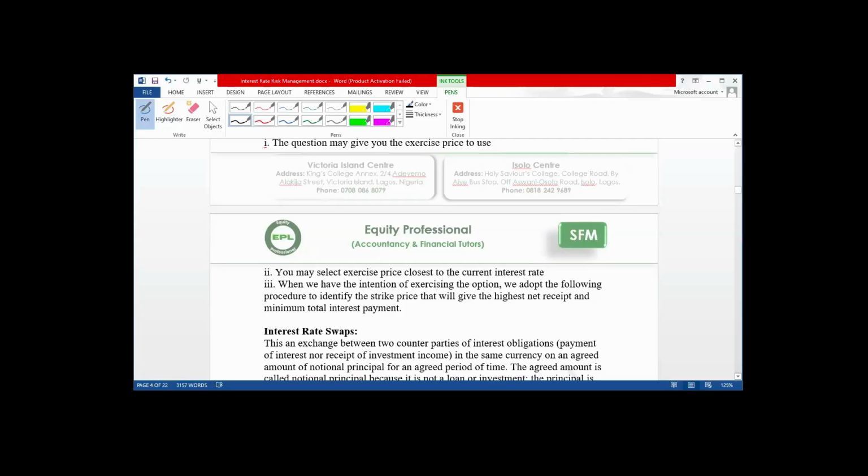Interest rate swap is an agreement between two counterparties.